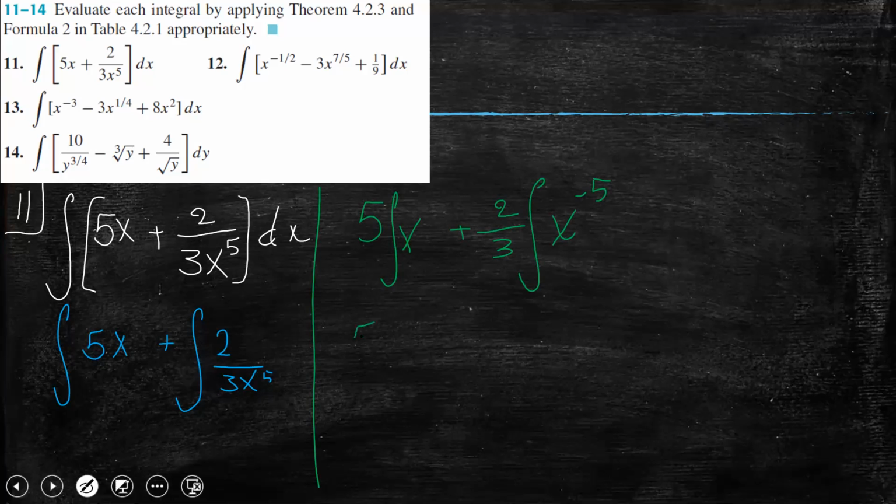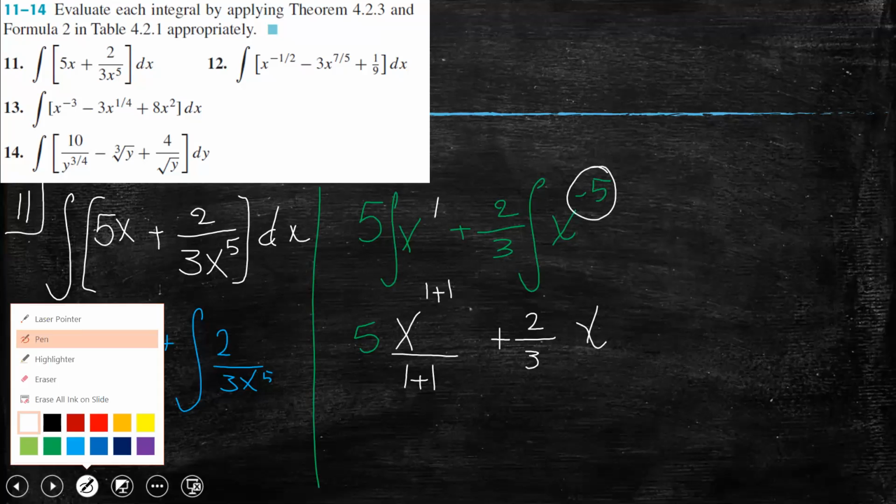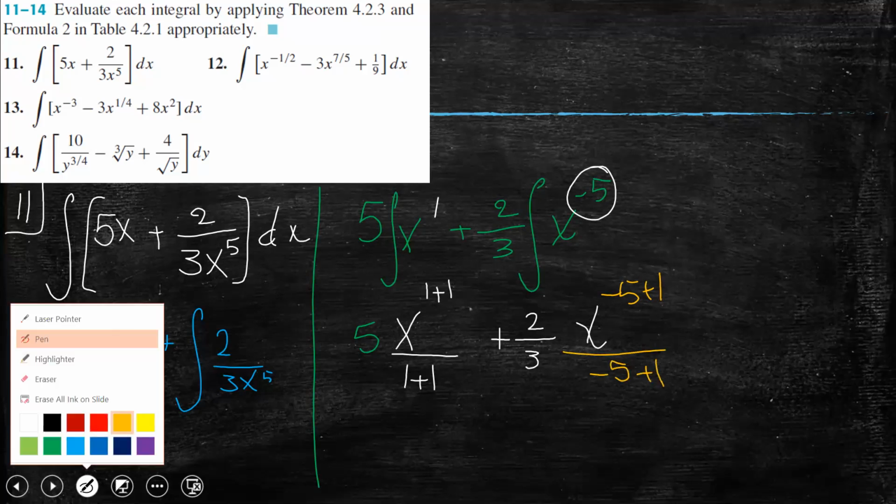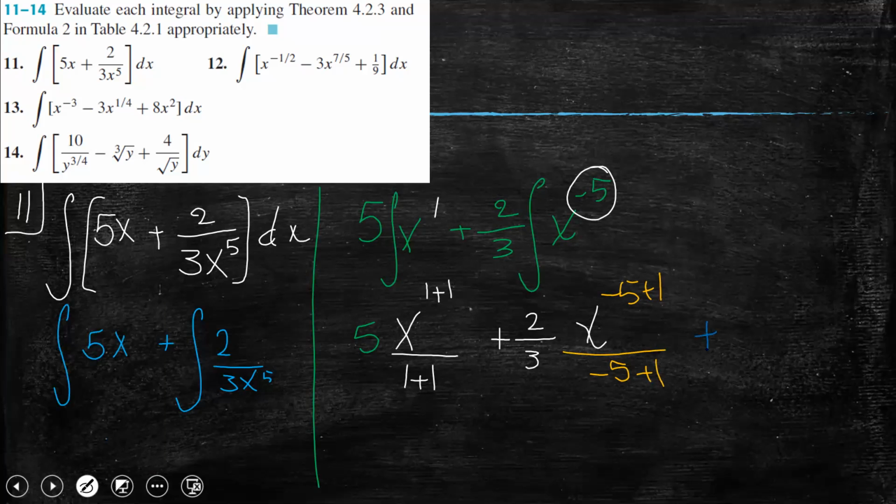Then 5, what is the integration of x? It is x to the power 1, so x to the power 1 plus 1 over 1 plus 1, plus 2 over 3. Then here we have x to the power -5, so I will say -5 plus 1 over -5 plus 1. Then I will add C.